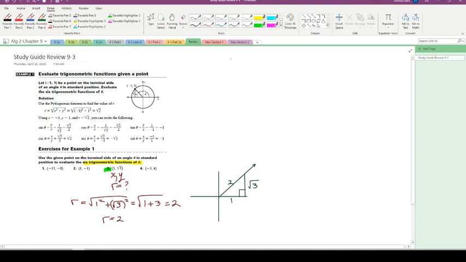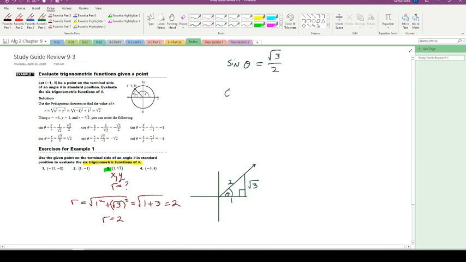So now let's find sine of theta. Remember the angle has to be this angle because it has to be related to the x-axis. So the sine of theta is opposite over hypotenuse, which is the square root of 3 over 2.